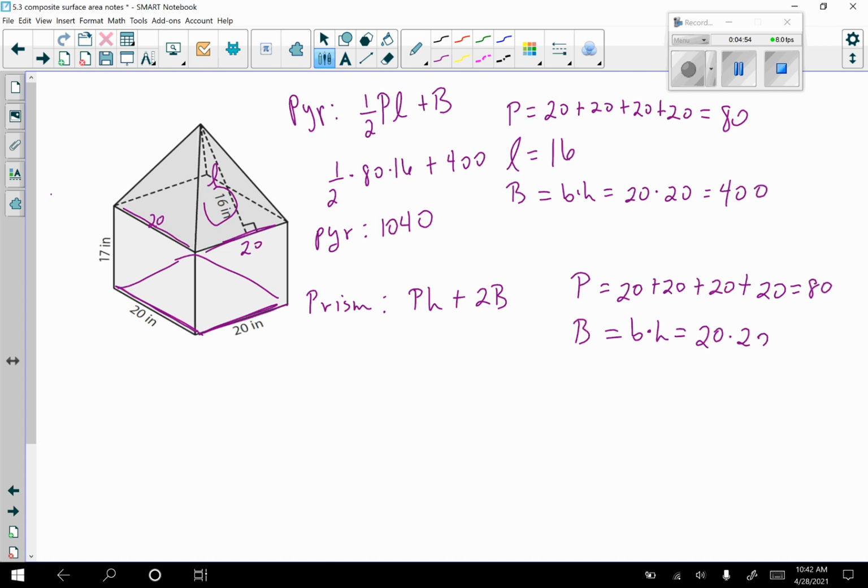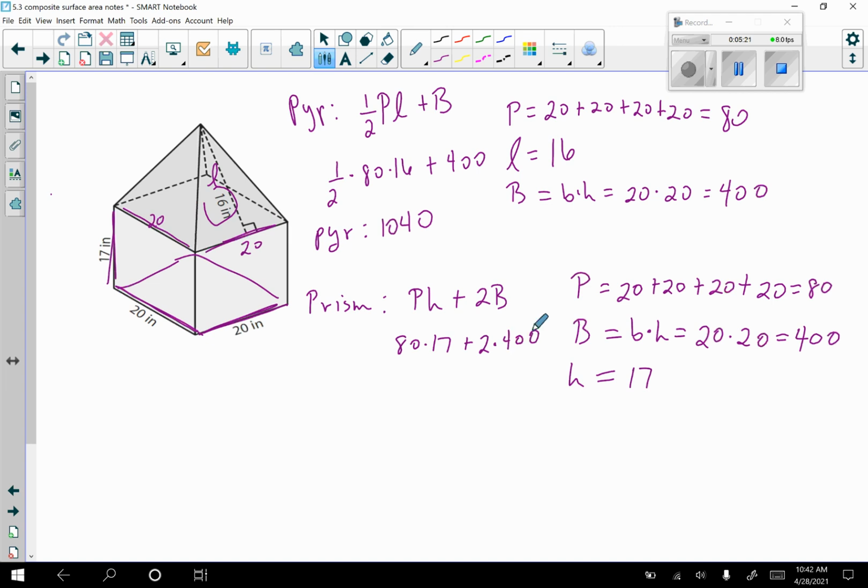If you can recognize that these things are repeated, you don't have to calculate them again. Now the height of our prism. Remember, this is the height of our prism, and it's going to be 17. That's the distance between the two bases. So 17. Now we will just plug in. We have 80 times 17 plus 2 times 400.